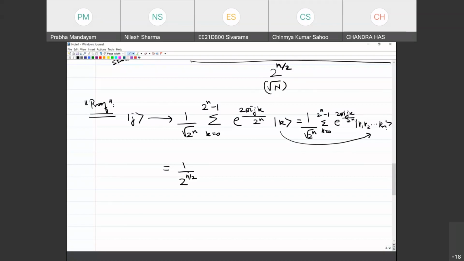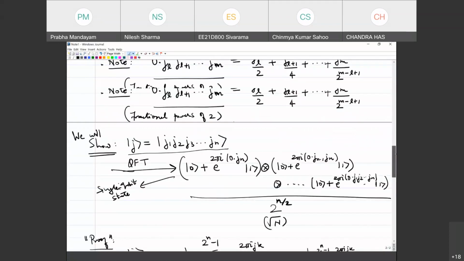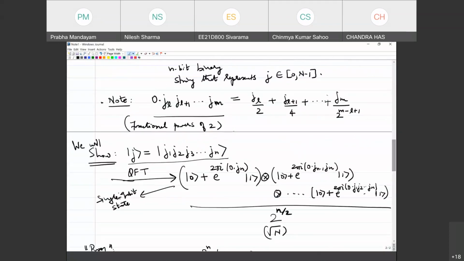Okay, so now when I write this n bit string, I hope this idea is clear, that this is nothing but J1 tensor J2 tensor etc. tensor Jn, right? That's what I mean when I write this.